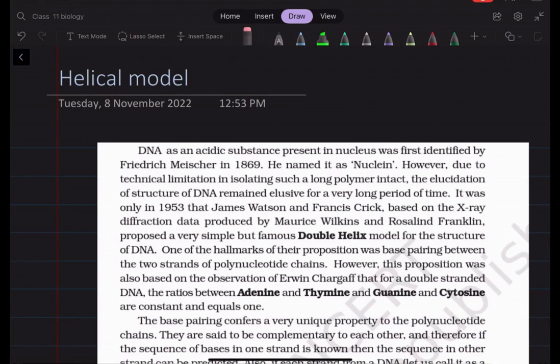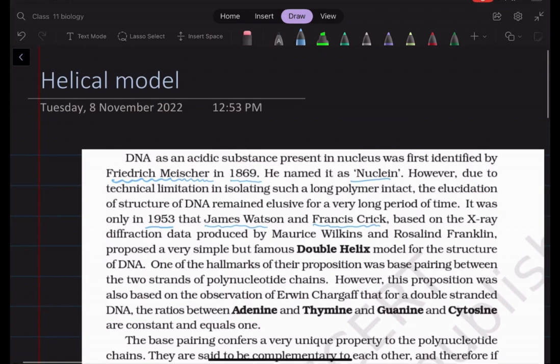DNA was first identified by Friedrich Miescher in 1869, and he named it nuclein. But it was only in 1953 that its actual structure was deduced. Two men, James Watson and Francis Crick, used the work of Maurice Wilkins and Rosalind Franklin.